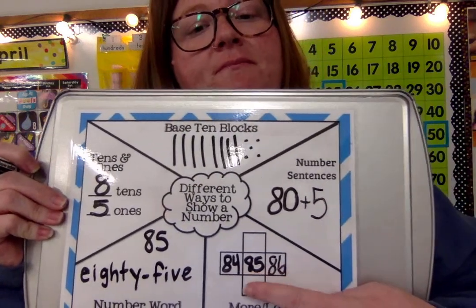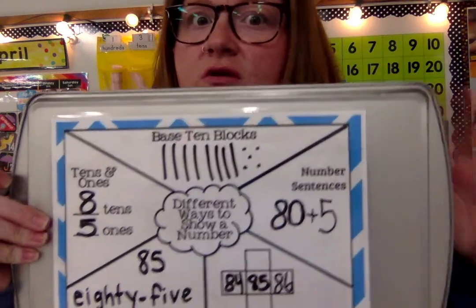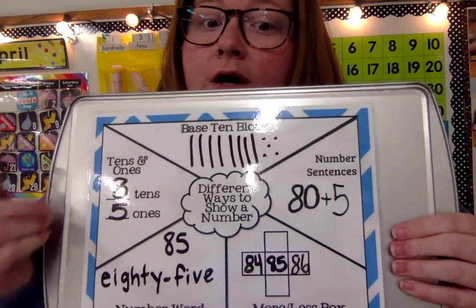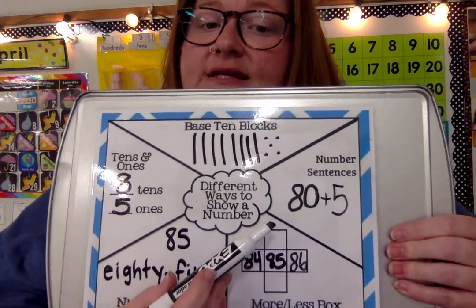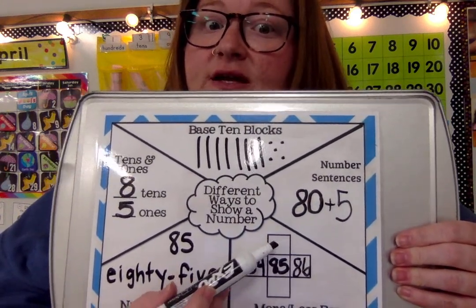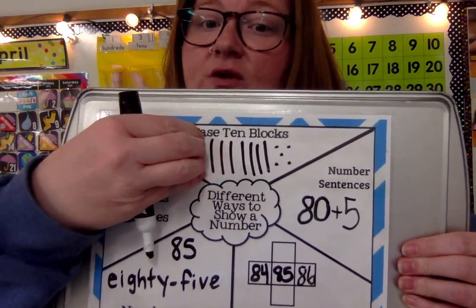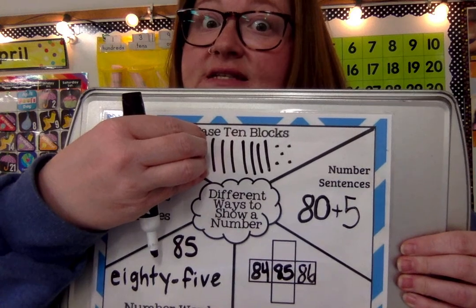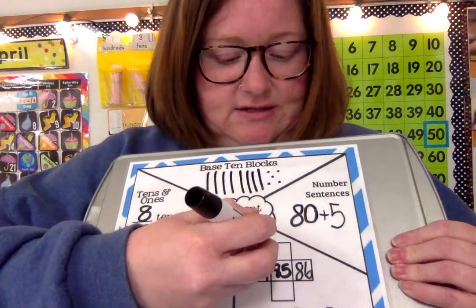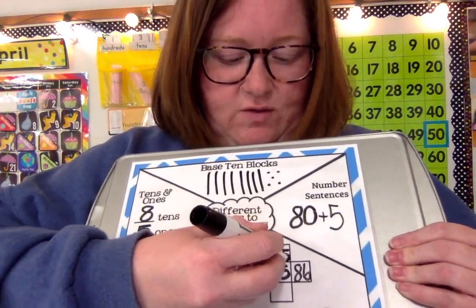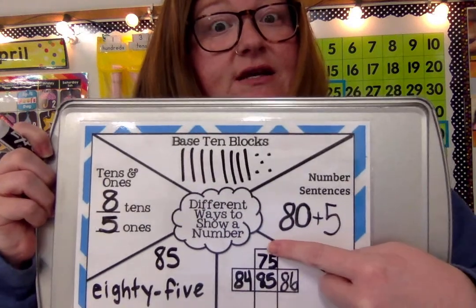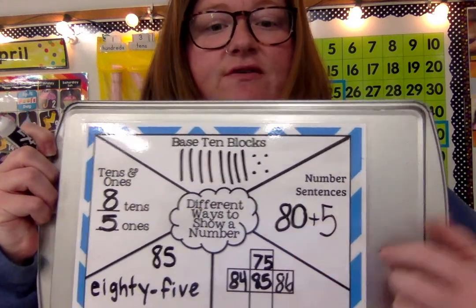If we think about the magic on our hundreds chart, 10 more is right below it. 10 less is right above it. If we think about our tens, 10 less is like taking one of these away. 1 less is 7 tens. We still keep our 5 ones. So 10 less is 75.